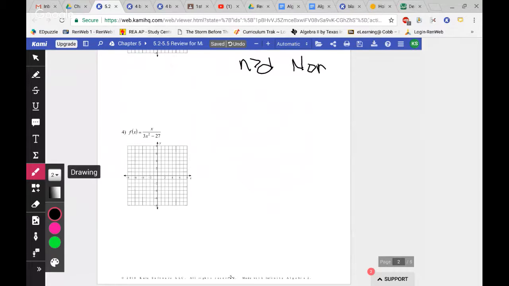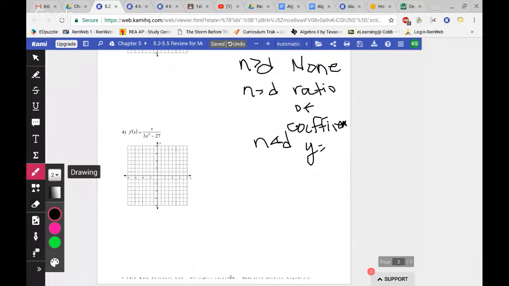If the degree of the numerator is equal to the degree of the denominator, then you take the ratio of the coefficients. If the numerator is less than the denominator, then the horizontal asymptote equals 0.